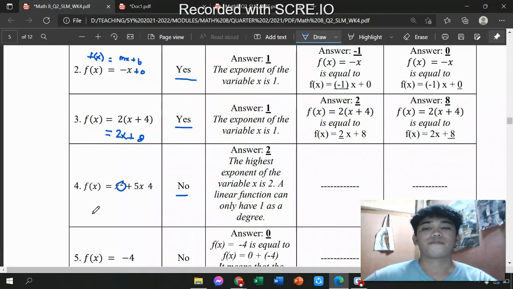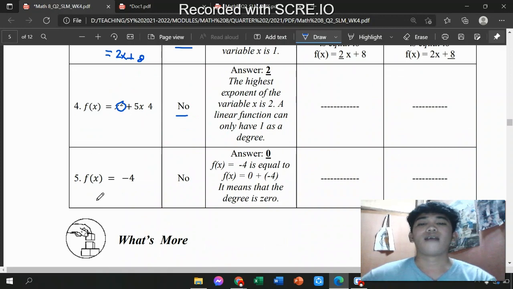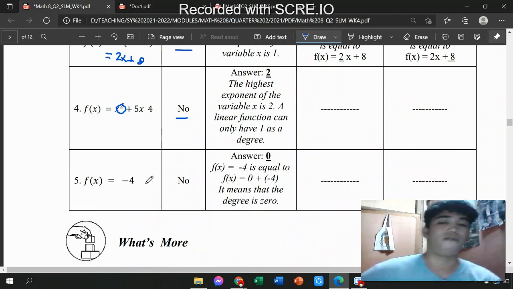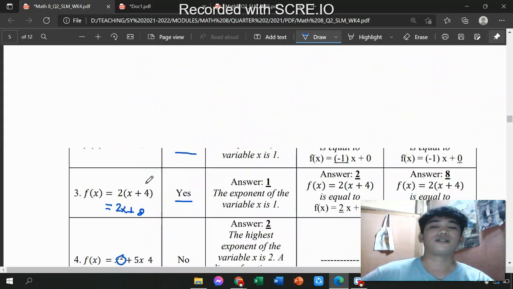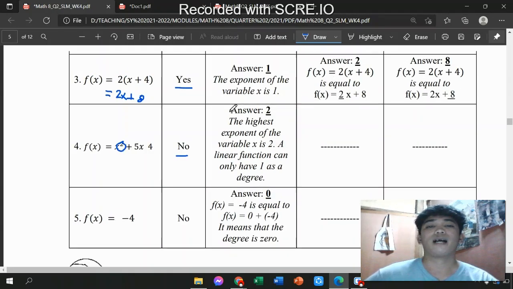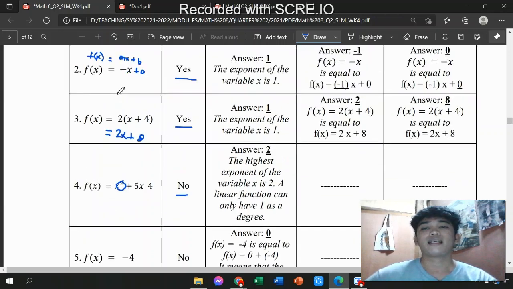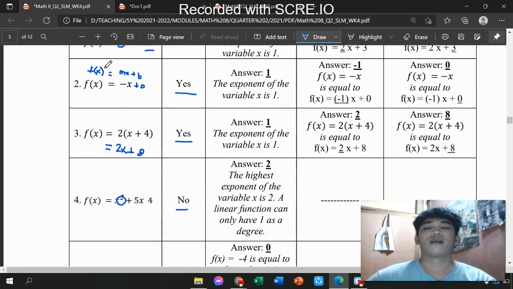Same with number 5. F of x is negative 4. Nganong dili man siya linear function? Kay dili man siya porma nga f of x equals mx plus b. Unlike ari sa number 2, naporma gyapon siyang f of x equals mx plus b because ang given is f of x equals negative x.